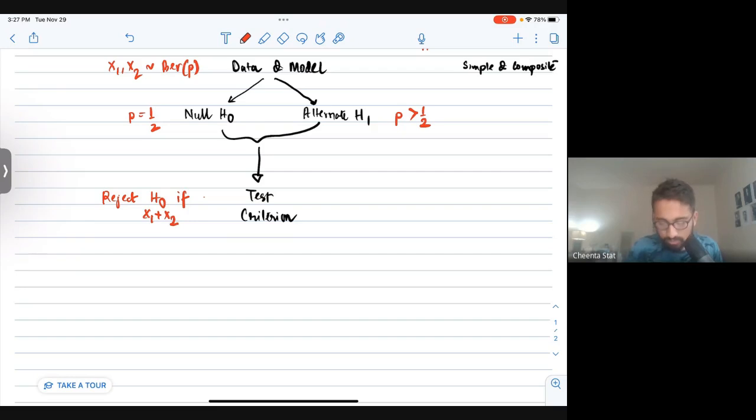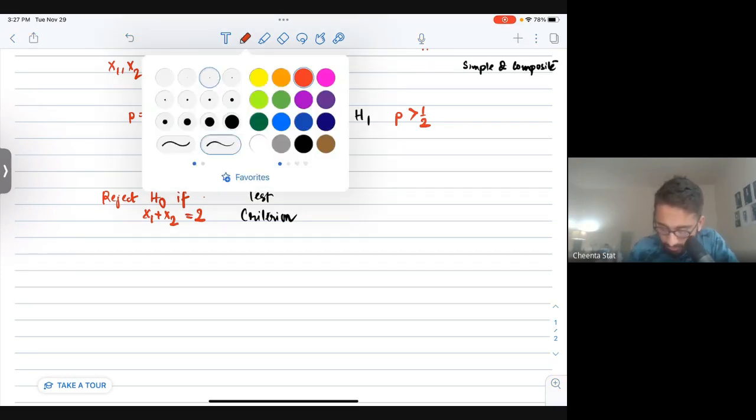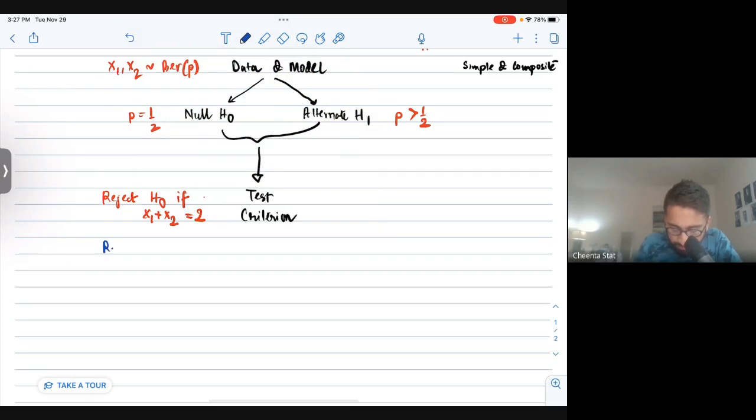Total number of ones. If X1 plus X2 is greater than 1, that means here it's equal to 2, rejected. Okay. Understand, we can also write this in other, different ways. Why are we not rejecting if X1 plus X2 is equal to 0?